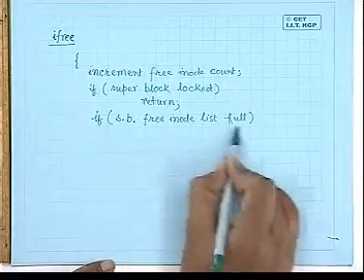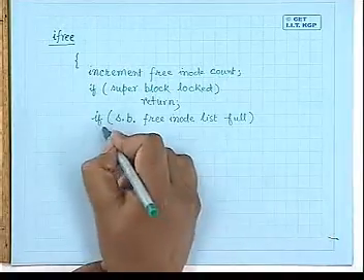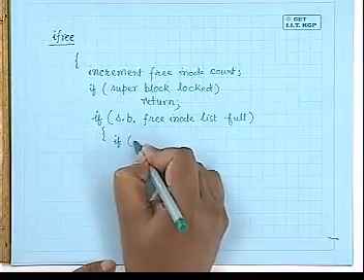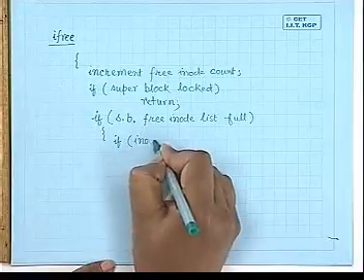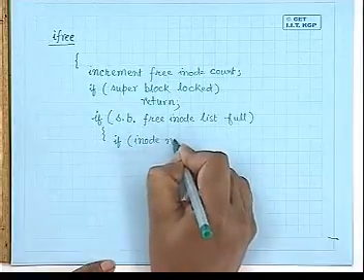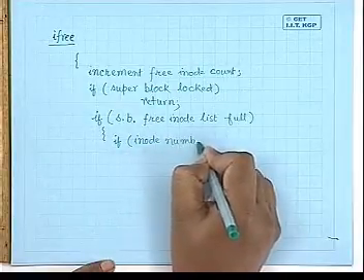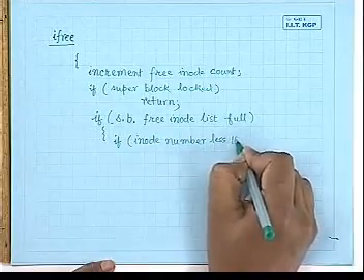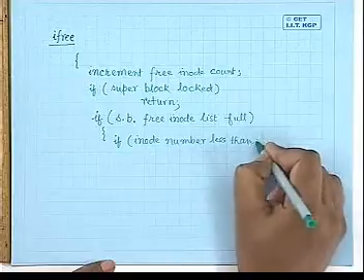Okay. So if the superblock free inode list is full, then we have to check whether the inode number that is being freed is less than the remembered inode.